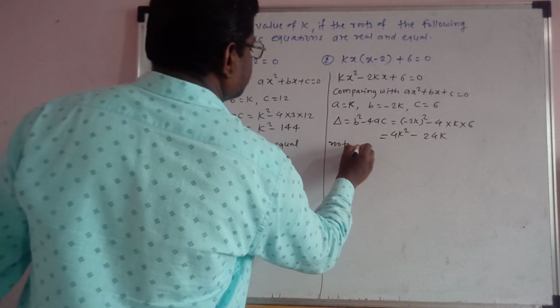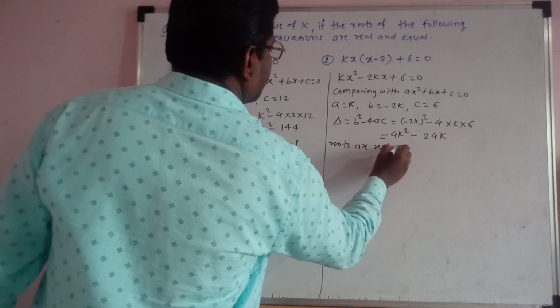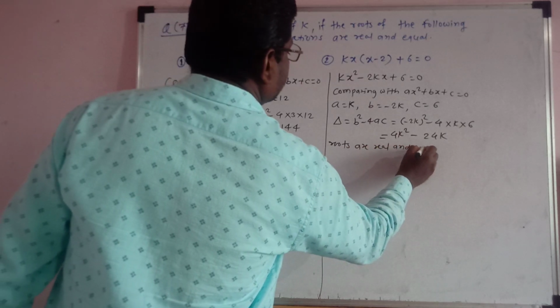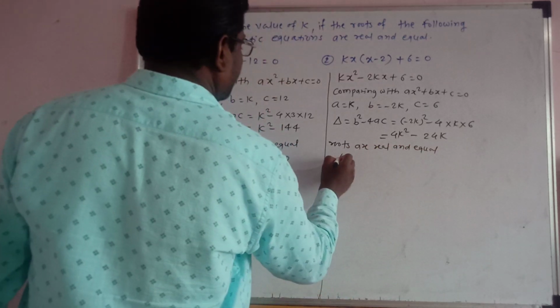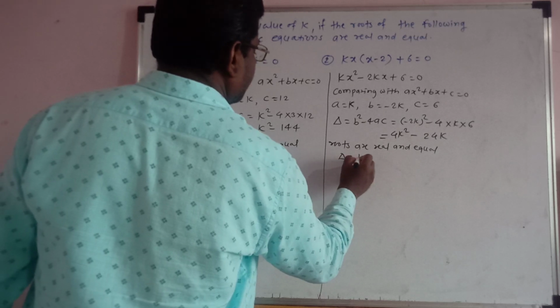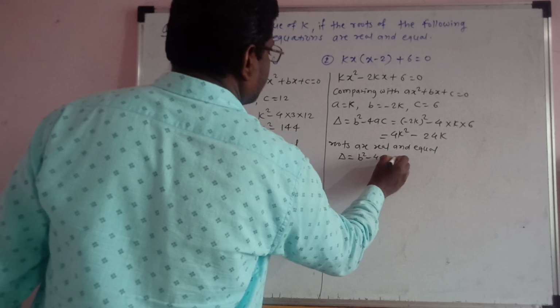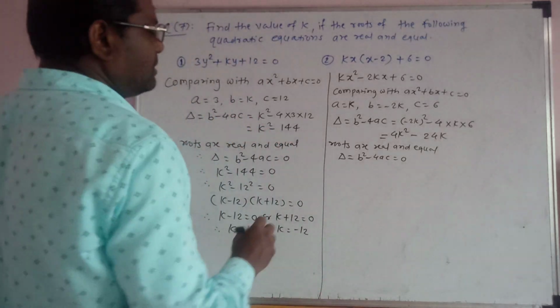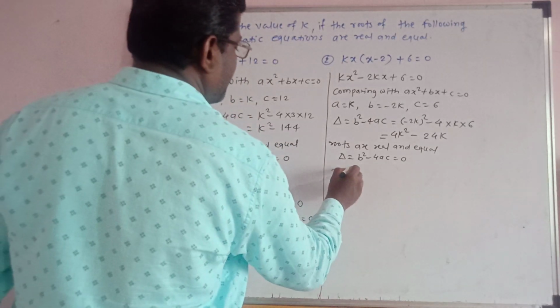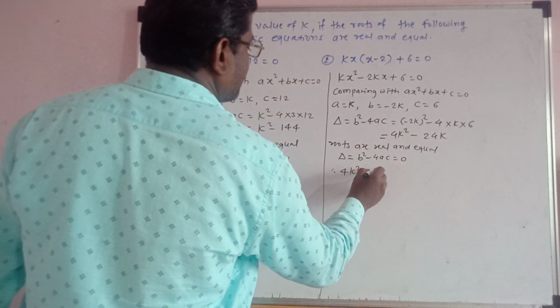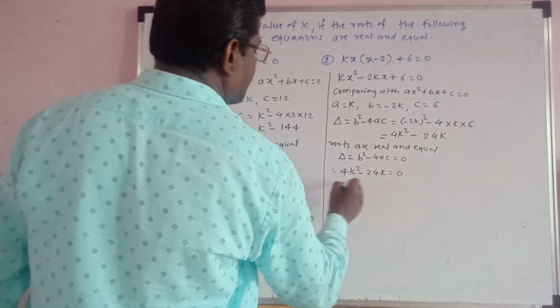Roots are real and equal, therefore delta is equal to b square minus 4ac is equal to 0. Therefore this value 4k square minus 24k is equal to 0.